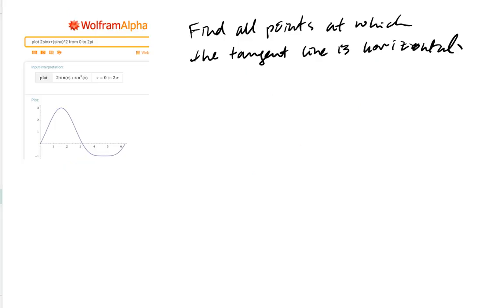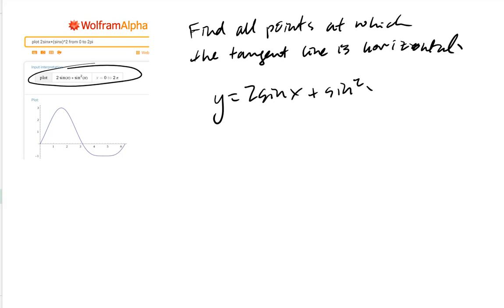Okay, so here we are. I invite you to pause the video and check out what I've done here. We're graphing this function right there. It looks like the horizontal tangent lines are going to be somewhere between 1 and 2 and somewhere between 4 and 5. So I'm going to take the derivative of this. So it's y equals 2 sine of x plus sine squared of x.